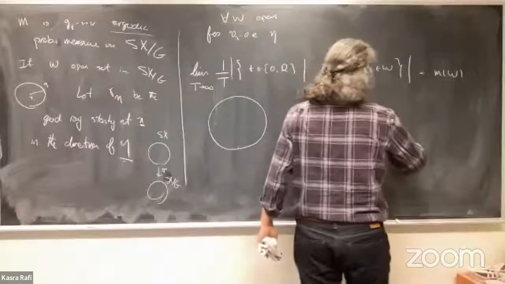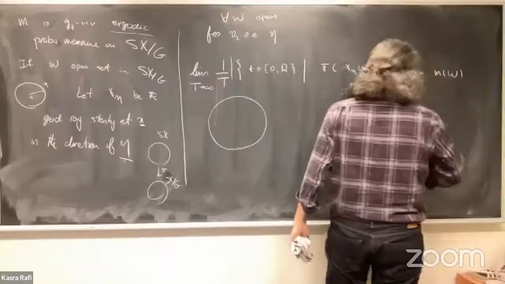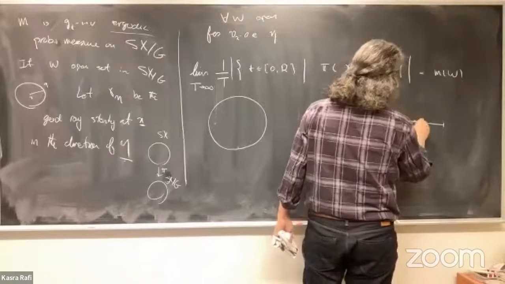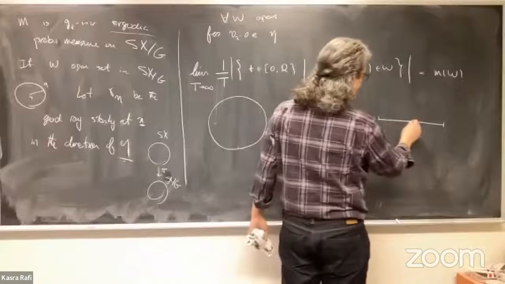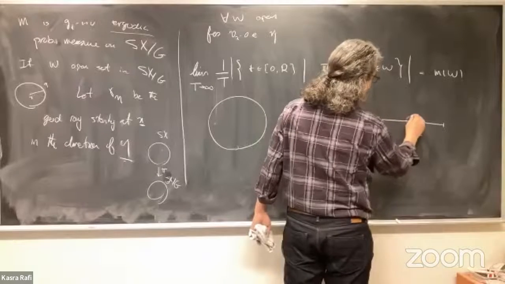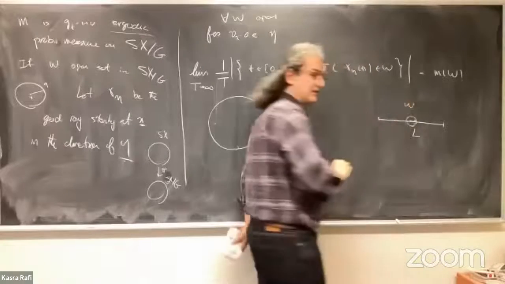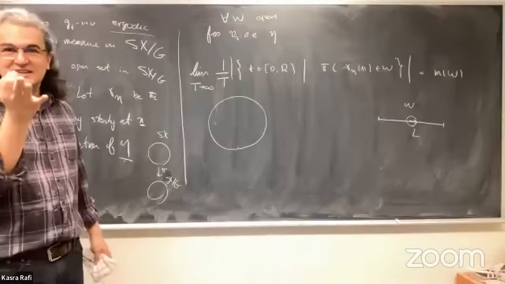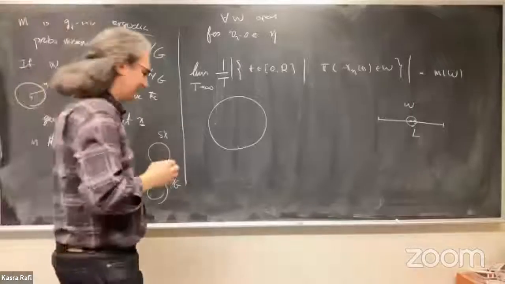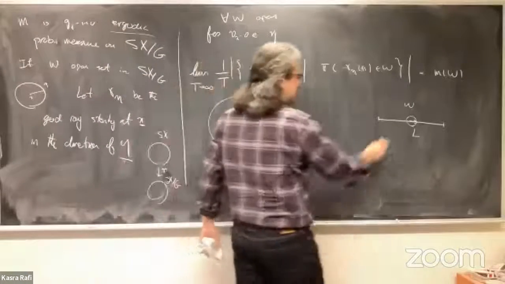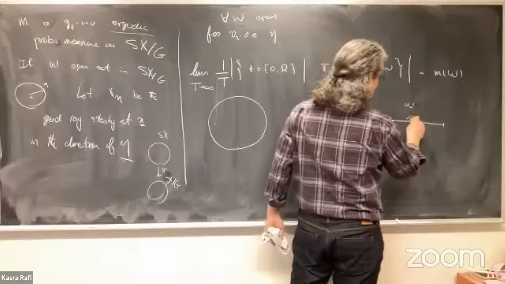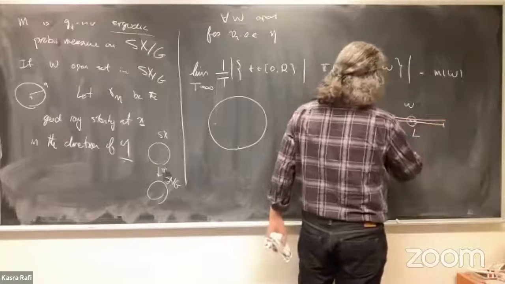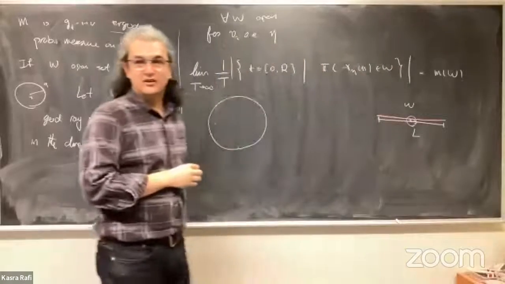So I pick my favorite segment, which is very, very long. I pick the point in the middle of it, and then I pick W to be some open set around that. So W is an open set near the middle of the contracting direction, so much so that anybody who starts in this W, the geodesic kind of fellow travels this particular segment for a long time.